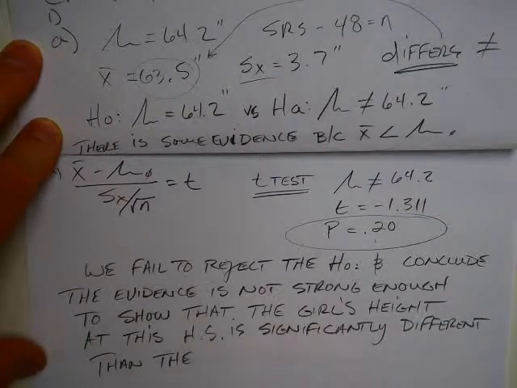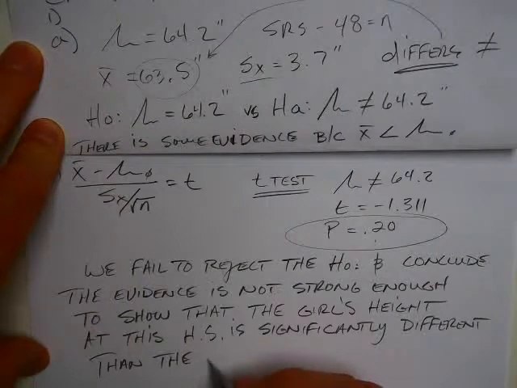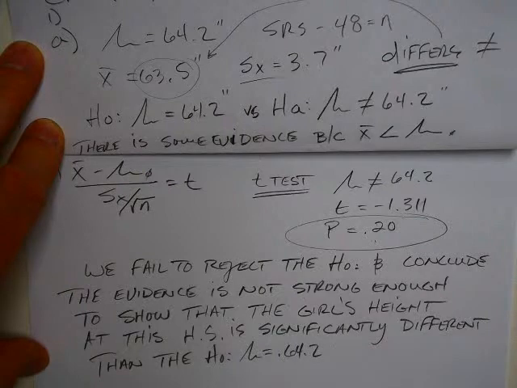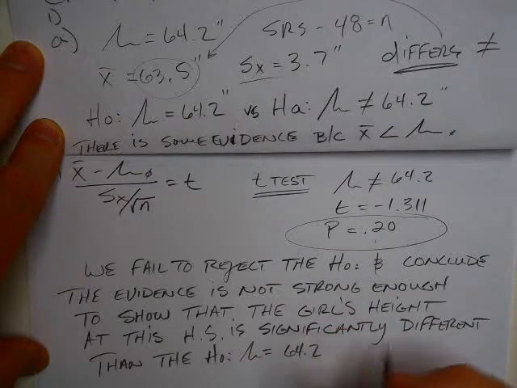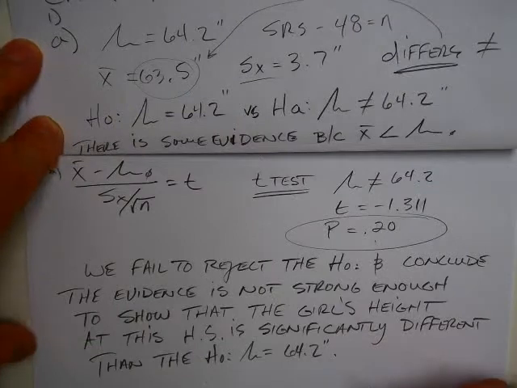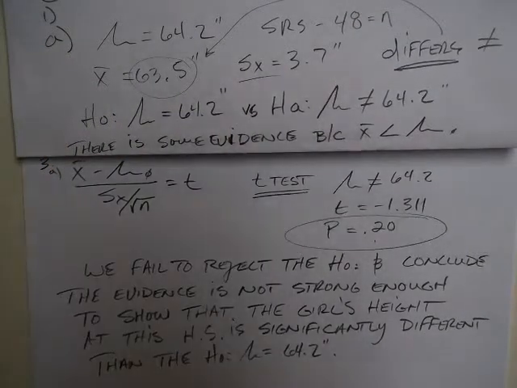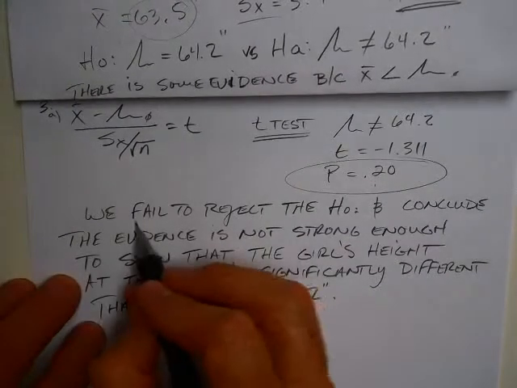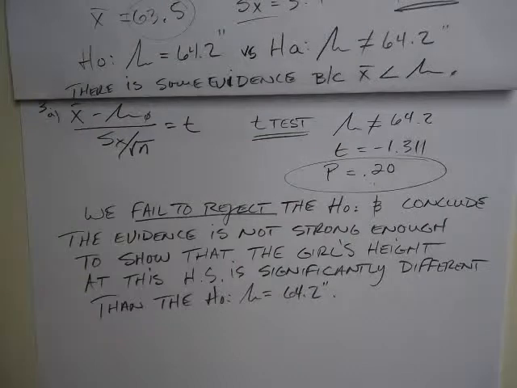Something like that would work great. That could maybe be shortened up a little bit too, but that gets the idea across for sure. Fail to reject. We do not have strong enough evidence. We lack significant evidence. Something along those lines.